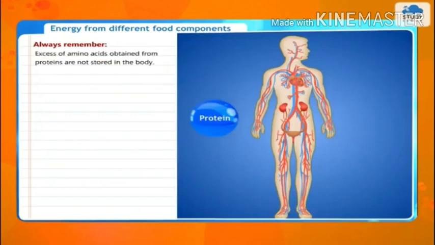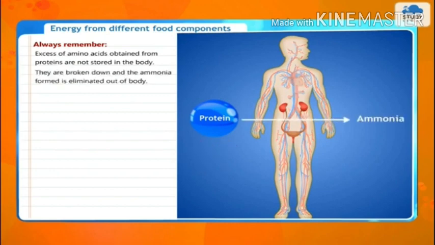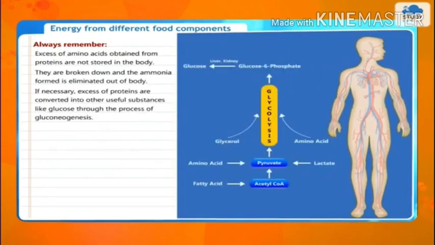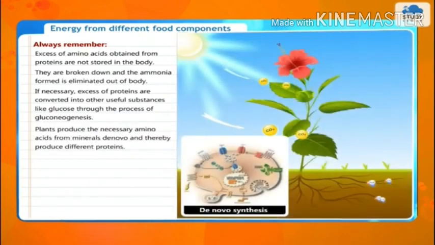Blood, hemoglobin, antibodies. Always remember, excess amino acids obtained from proteins are not stored in the body. They are broken down and the amino form is eliminated from our body. If necessary, excess proteins are converted into other useful substances like glucose through the process of gluconeogenesis.